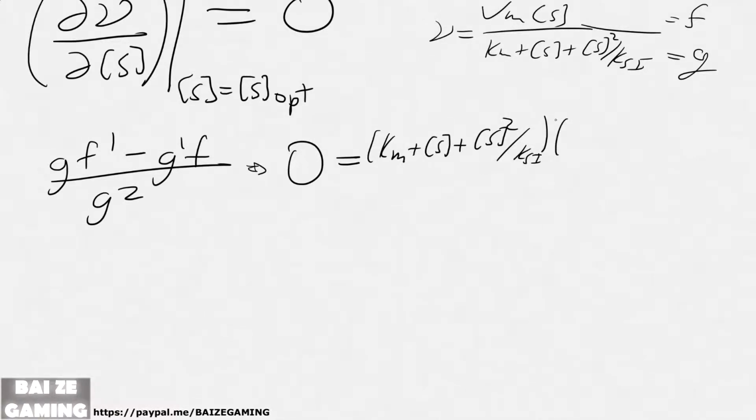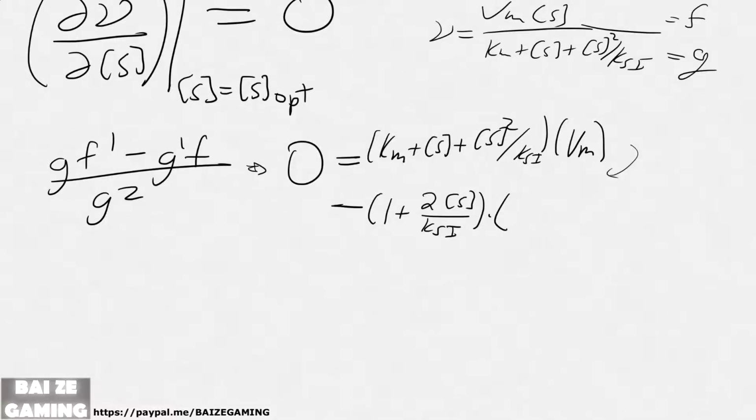F prime. Well, what is the derivative of that? It just ends up being Vm, minus, see, now it's going to be messy, because whenever I use the quotient rule, you have to take so much space horizontally. We need the derivative of the bottom function. Like, that cancels out, that's 1, and that's 2s.